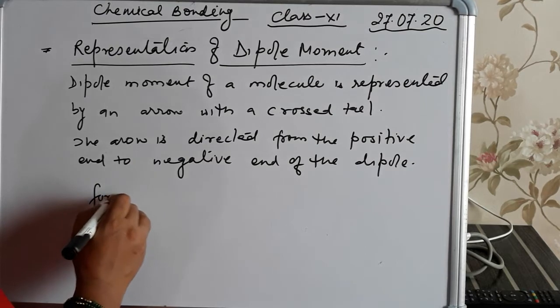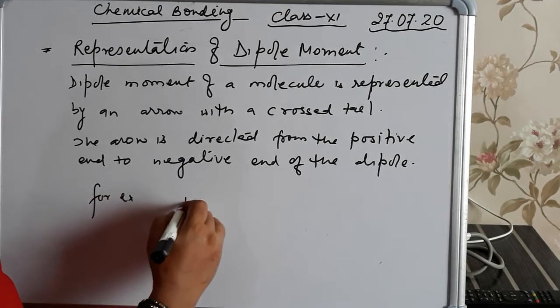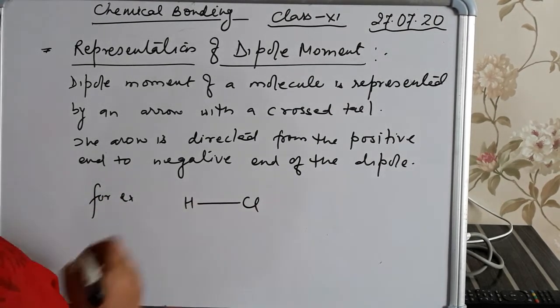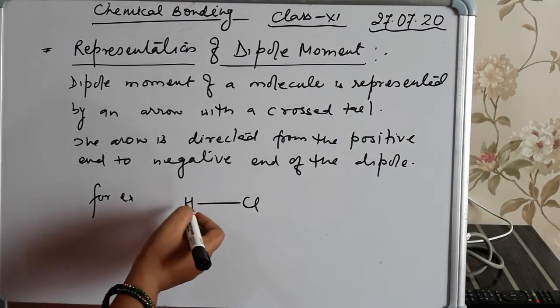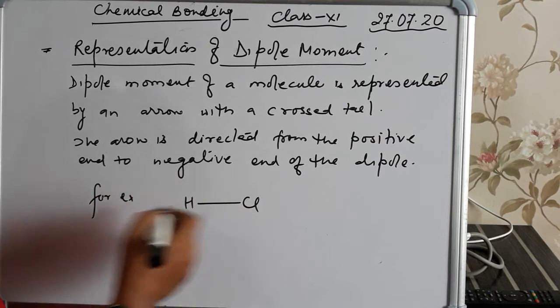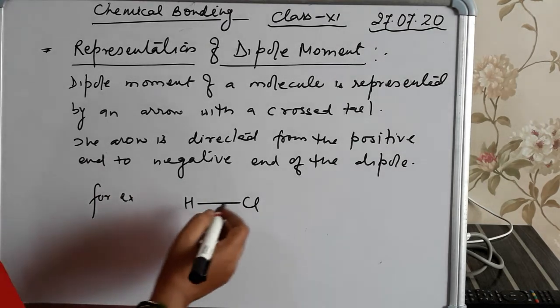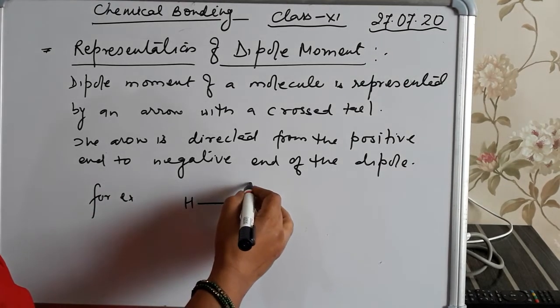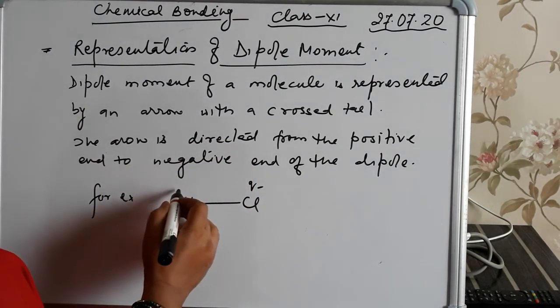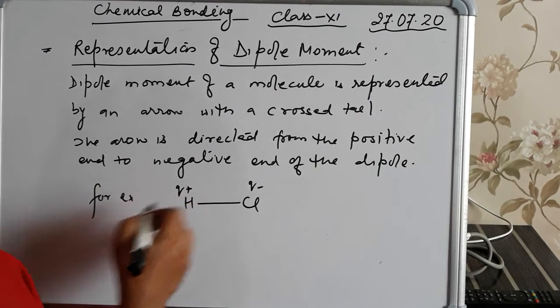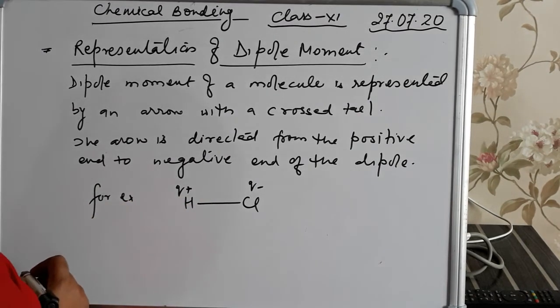For example, suppose we have the molecule HCl, and there is an electronegativity difference between them. So by nature it is a polar molecule. A small negative charge appears on the chlorine, and similarly a small positive charge appears on the hydrogen.